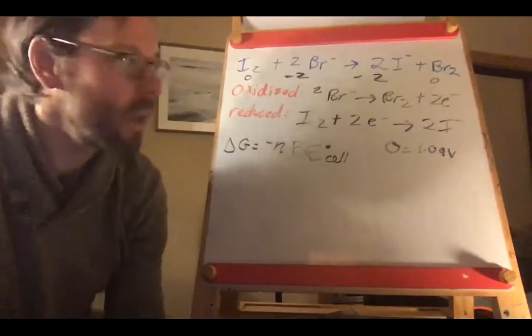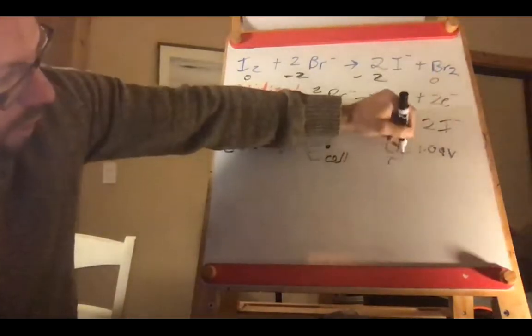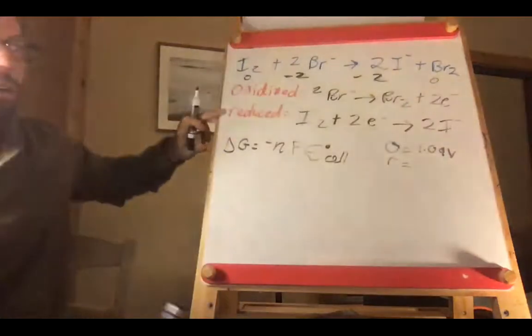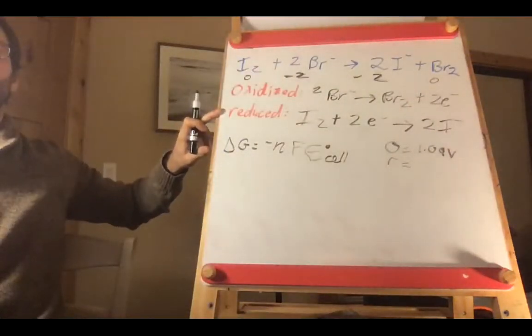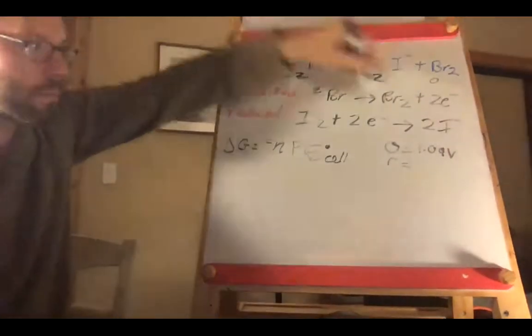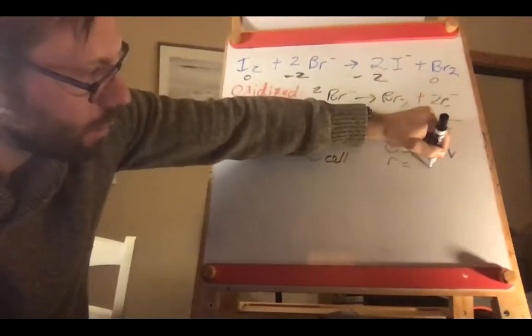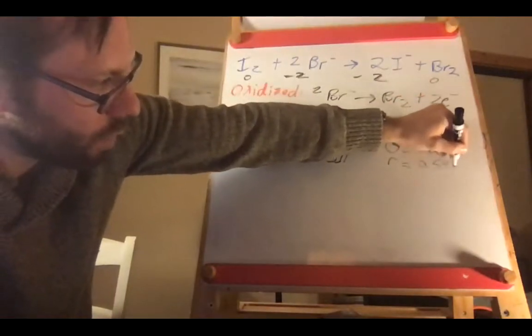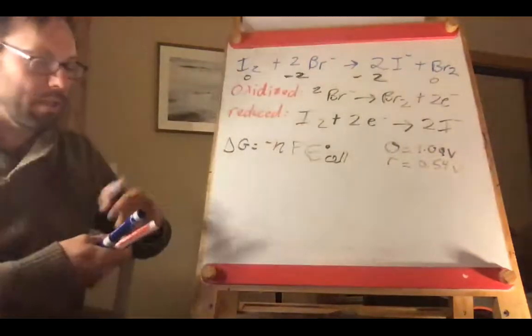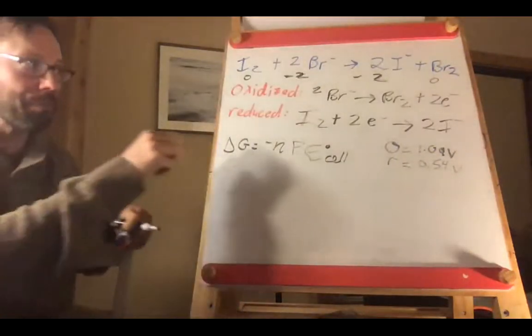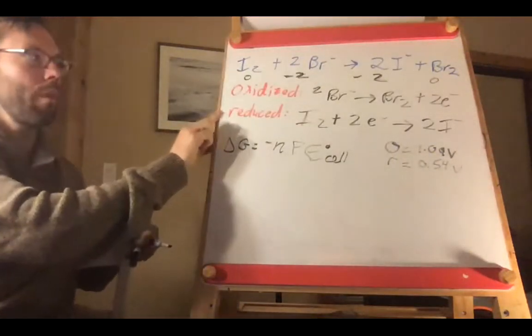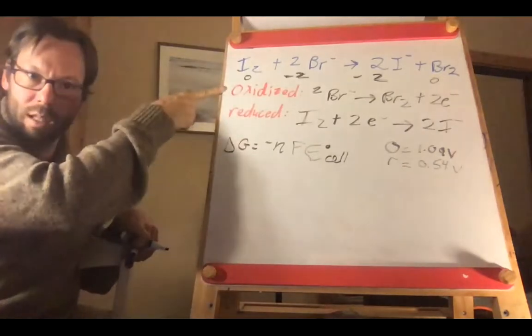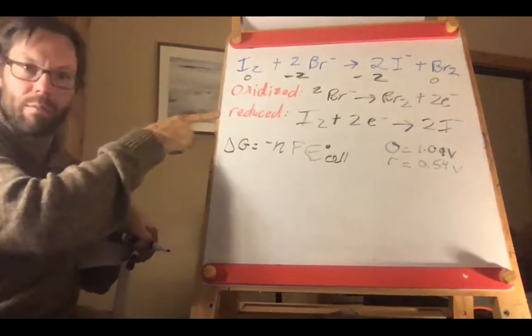And for our reduced reaction right here, it's going to be 0.54 volts. Remember, it's going to be the reduced minus the oxidized, or final minus initial.